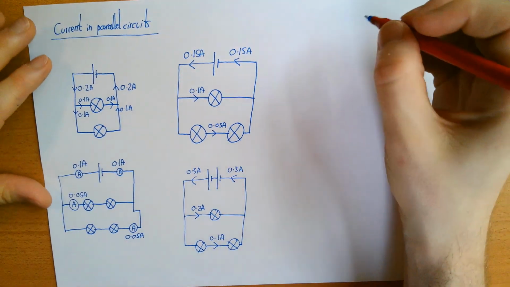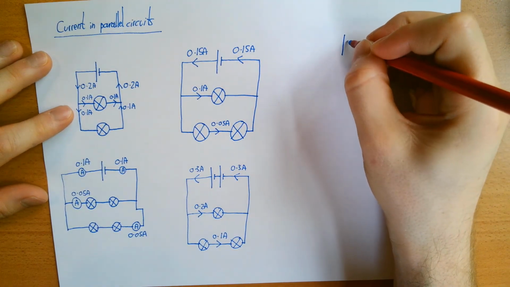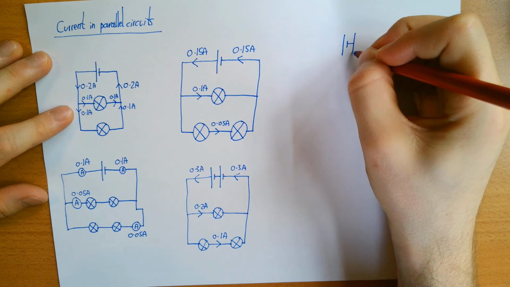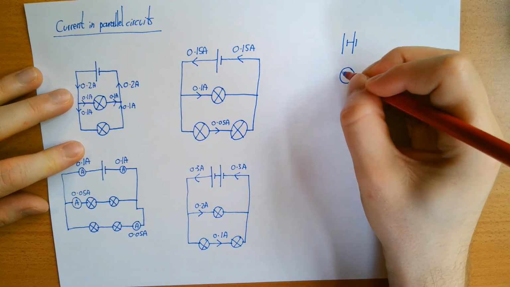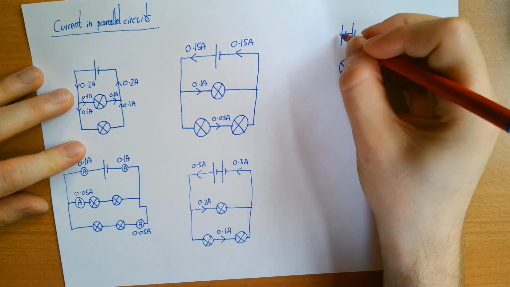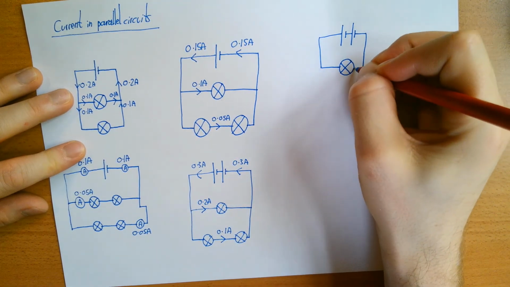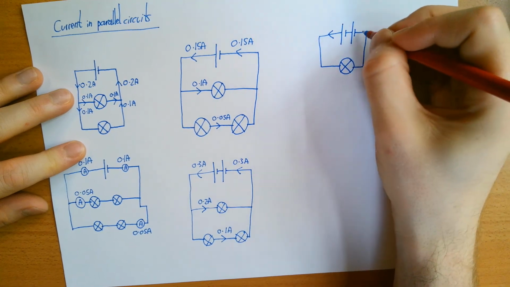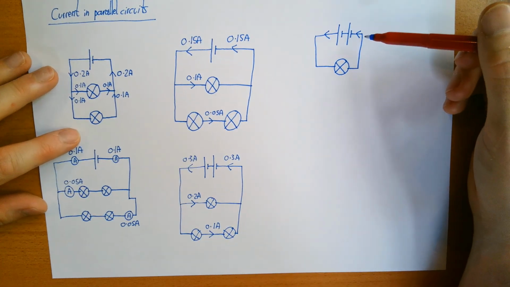Now, this is where I'm going to draw a bit of a silly circuit. I'm going to use two cells here, and I'm going to start with one bulb. Now, the current going out and into the cells is always the same.